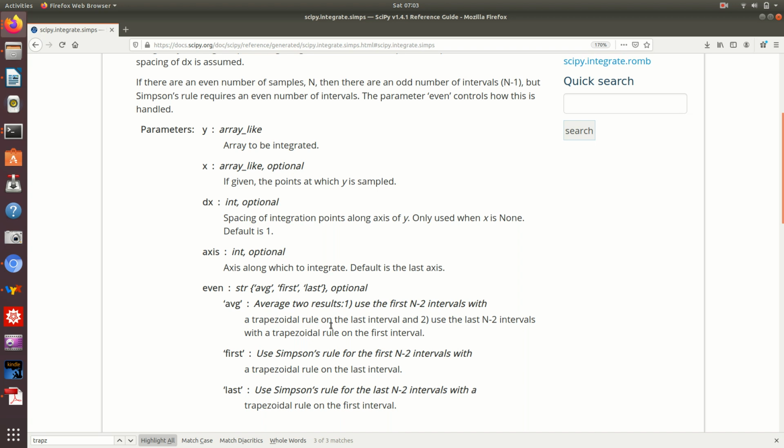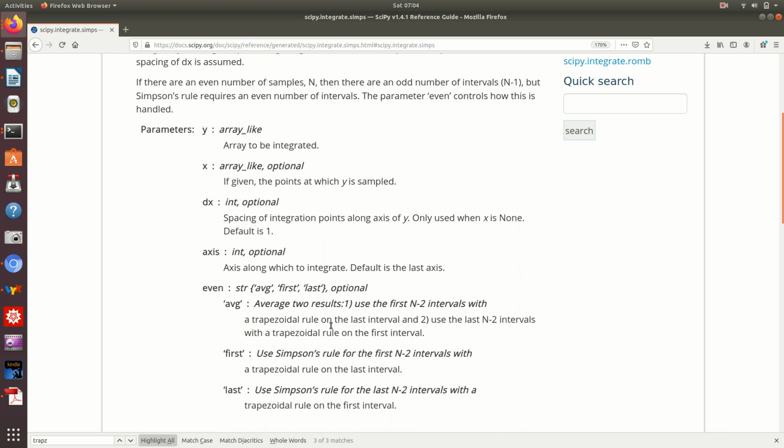It would have taken the first 98 intervals if the value of the even argument were given as first, and then carried out the Simpson one-third rule using that even number of intervals. I could have given the argument last, which is take the last 98, or basically drop one interval from the other end.